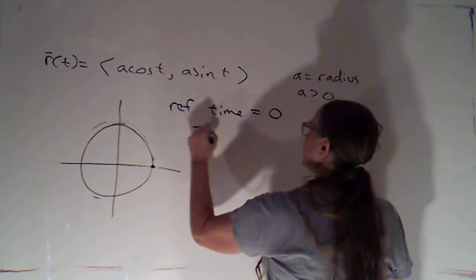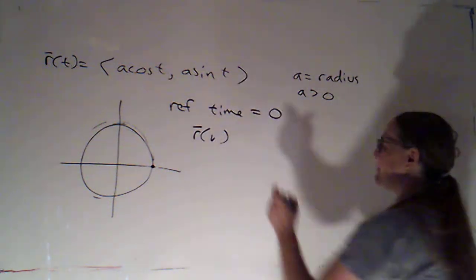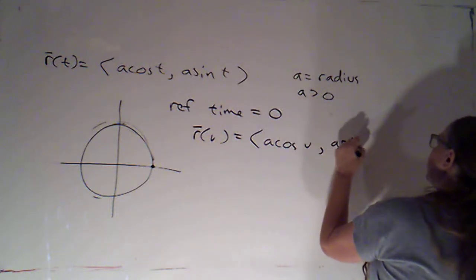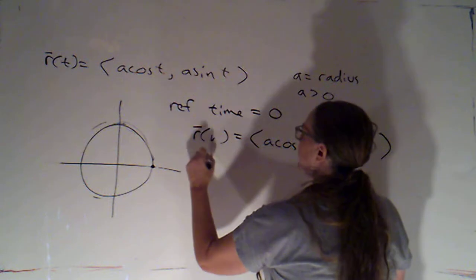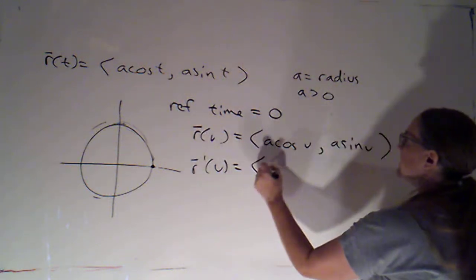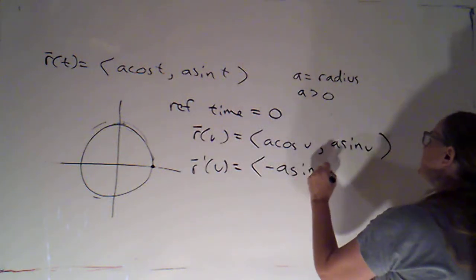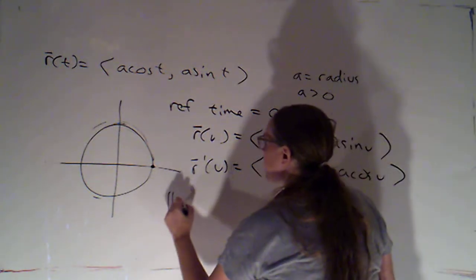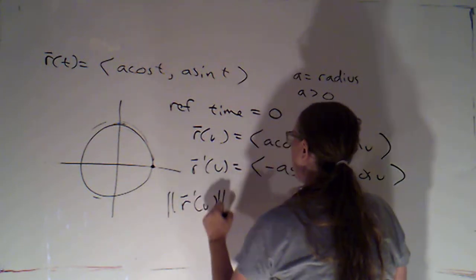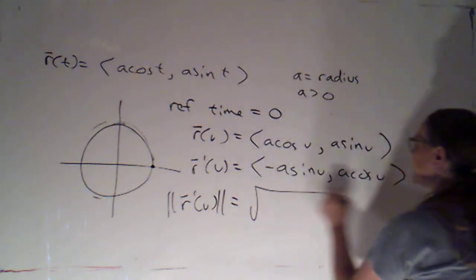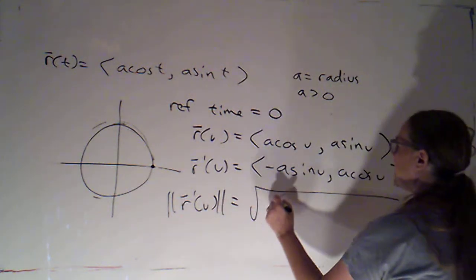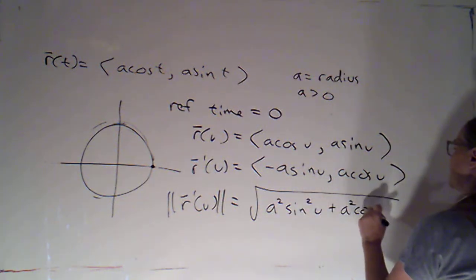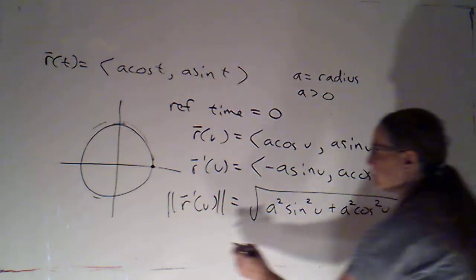So I'm going to write this in terms of my dummy variable. So r of u is a cosine u, a sine u. Then r prime of u is going to become negative a sine u, a cosine u. So the magnitude of r prime of u is the square root of a squared sine squared u plus a squared cosine squared u.